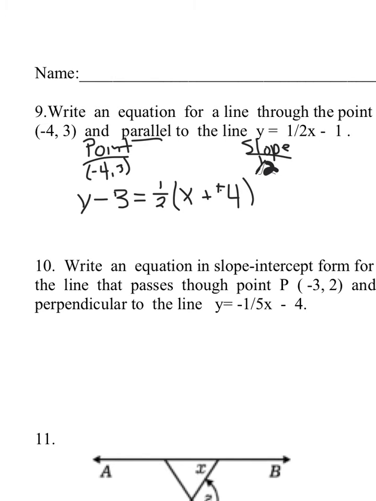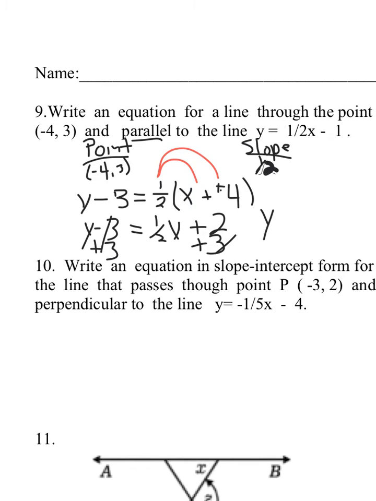Pretty simple. Distribute. y minus 3 equals 1/2 x plus 1/2 of 4, that's just 2. Right? Step 1, plus 3 here. So that cancels. And y equals 1/2 x plus 5. Okay?